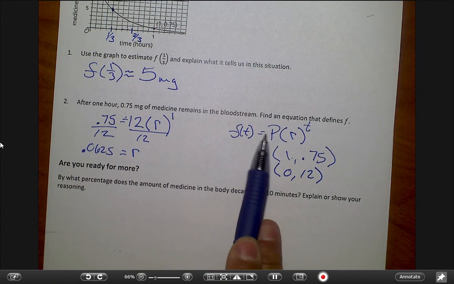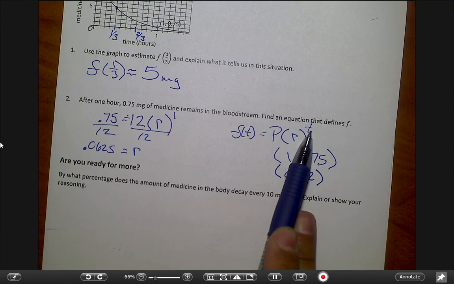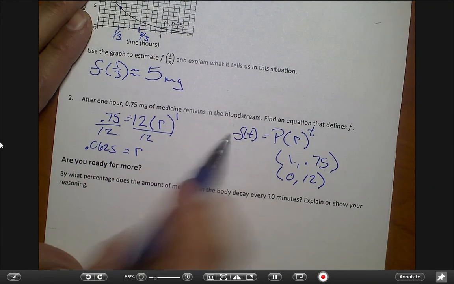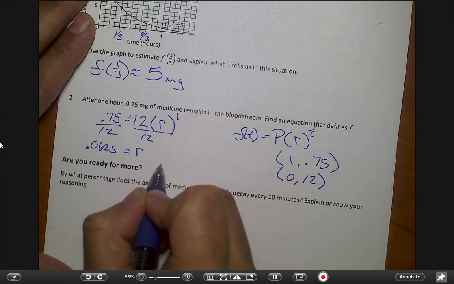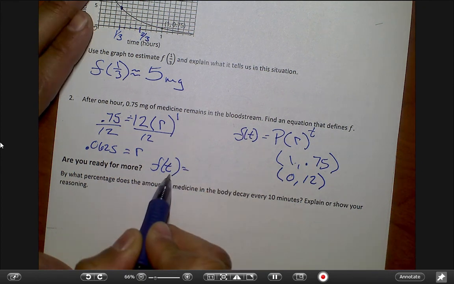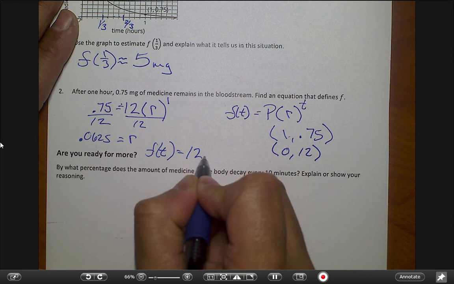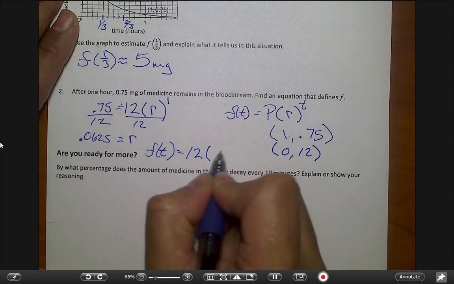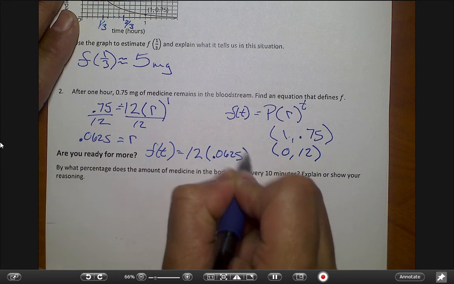And so we could still make this a function of t, right? So t could still stay as my variable. So I'm going to write the whole thing. It's going to be f of t. That's a function in terms of time. My initial value, which is going to be 12, times my rate, which is 0.0625.